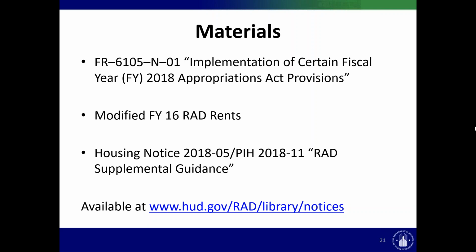The RAD approval provides for the approval of the demolition, as well as the disposition of the property into a tax credit partnership, and the removal of the public housing declaration of trust, and the new execution of the Section 8 contract.